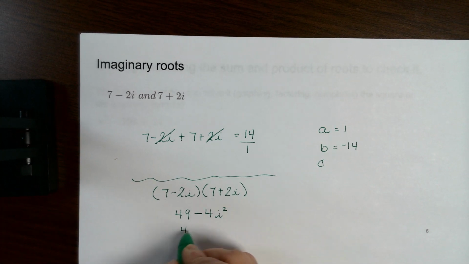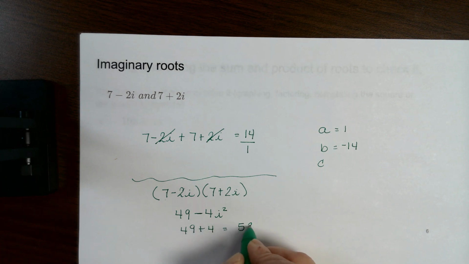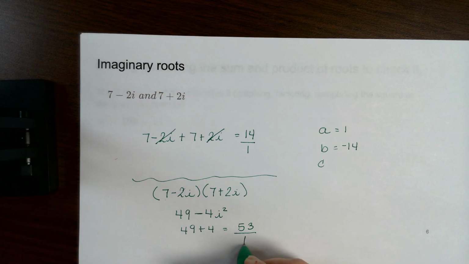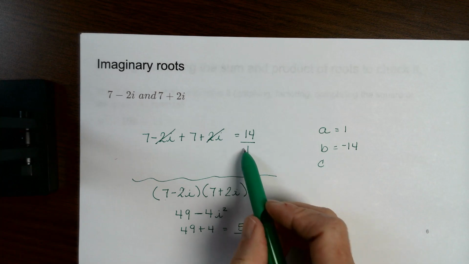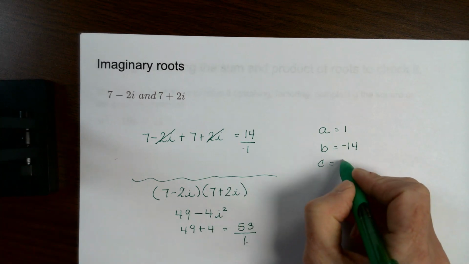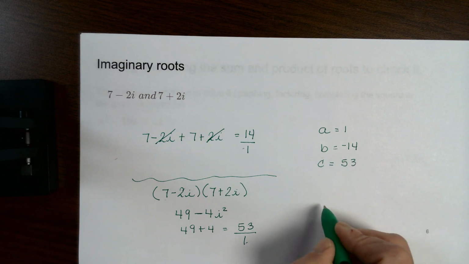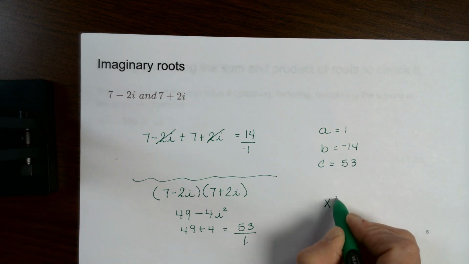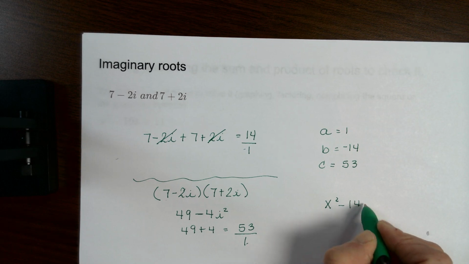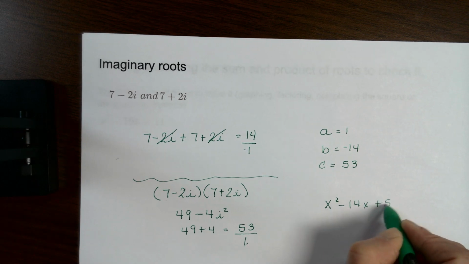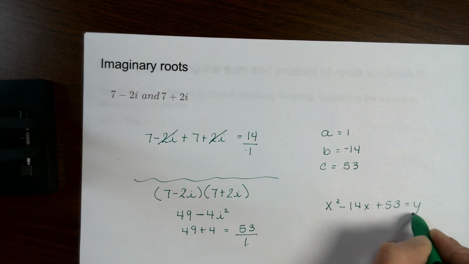So when you take negative 1 times negative 4, you get 49 plus 4, which is equal to 53. Again, I get a whole number, so I place it over 1. The a's match, so my c is 53. So I have a 1x squared minus a 14x plus a 53, and this time we'll put y equals y.